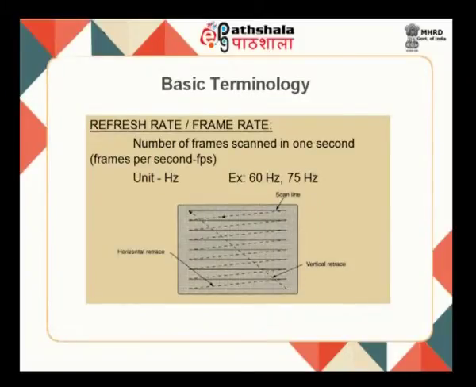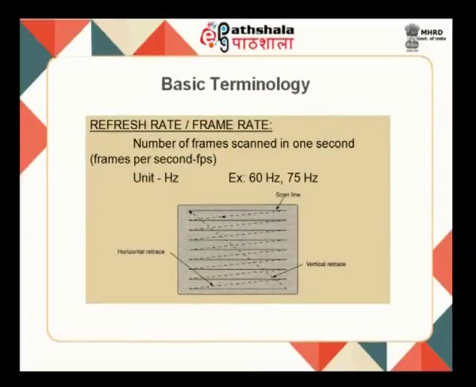Then the next important definition that we have to understand in depth is the refresh rate, or the frame rate. Refresh rate is the number of frames or screens scanned in a second. Every display device has this parameter, which is called the frame rate or the refresh rate. Whenever your display device has to throw something on screen, it actually scans the image on the screen 60 times a second.